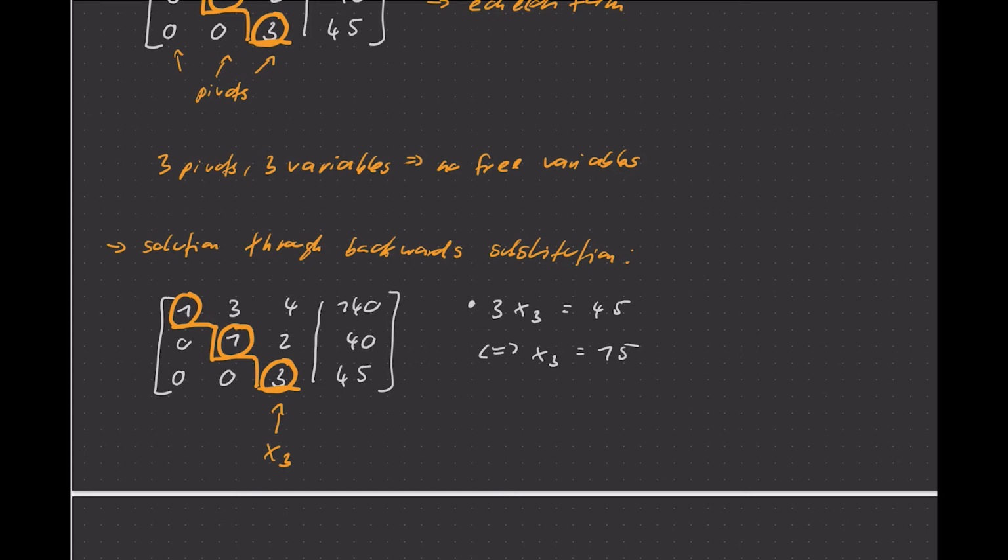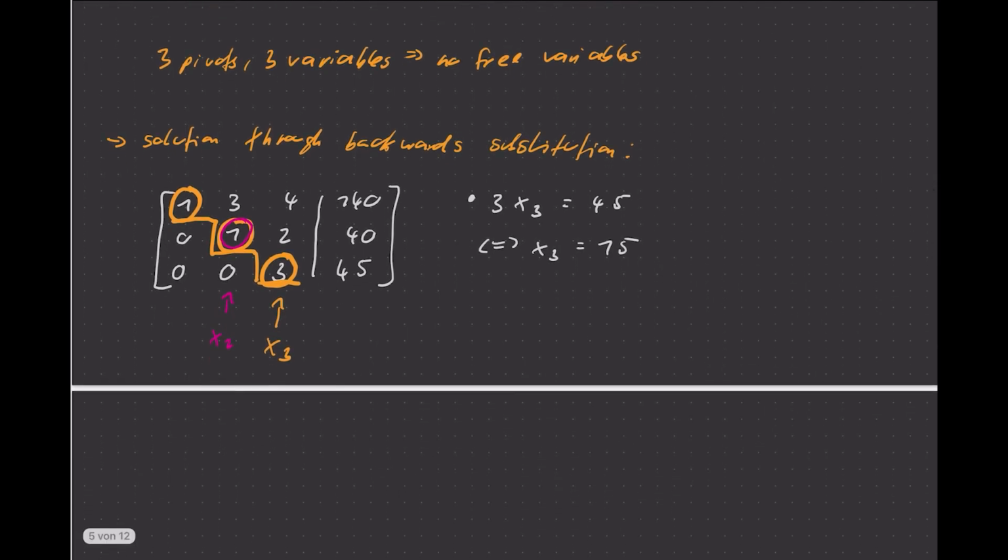Second thing we can do is look at this pivot element here, which corresponds to x2, and take the x2 row here. That yields x2 times 1 plus 2x3 equals 40.